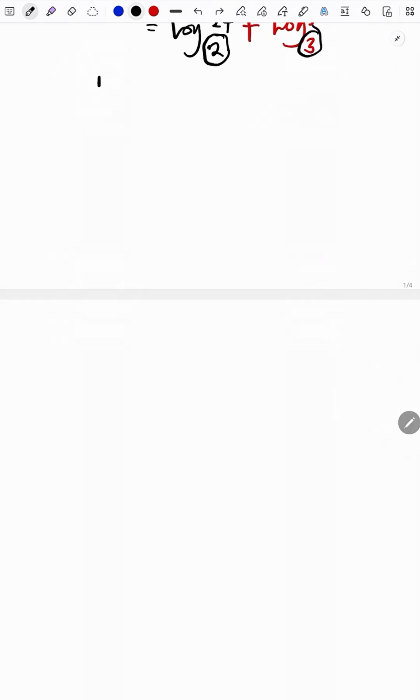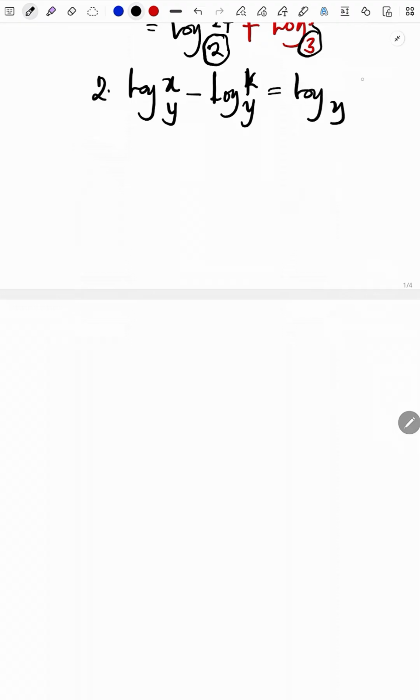Your second law says that log of x base y minus log of, let's say, k base y, provided that we have the same base, this is equivalent to log base y of x divided by k.